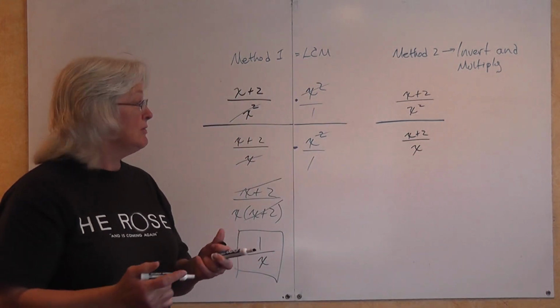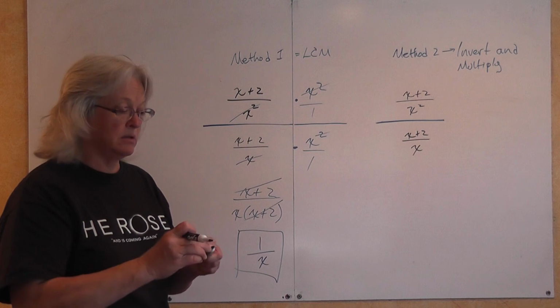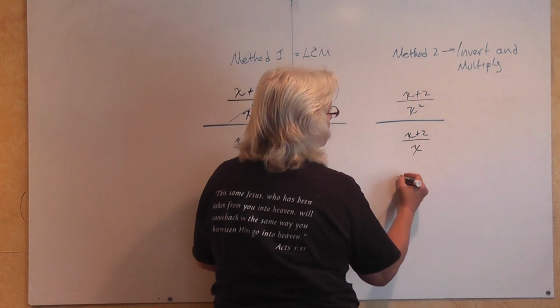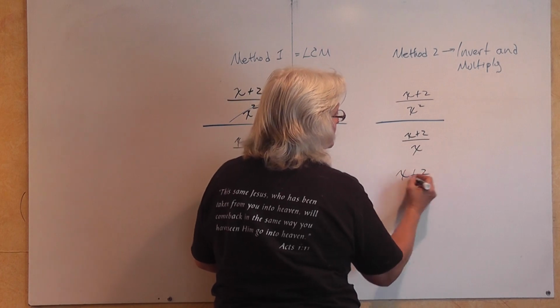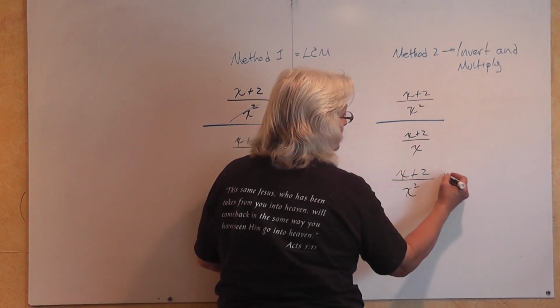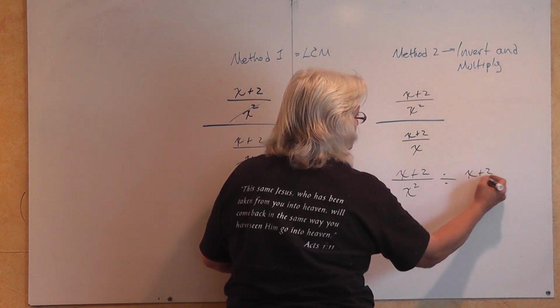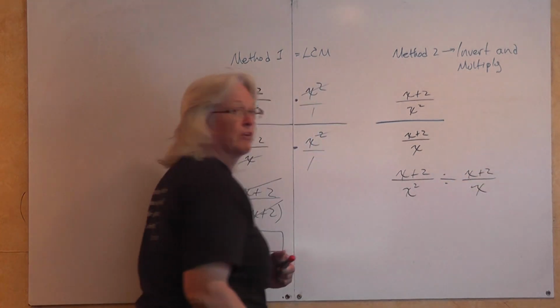Let me go ahead and rewrite this as a traditional division problem. x plus 2 over x squared divided by x plus 2 over x.